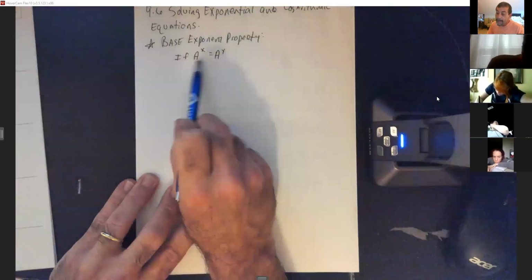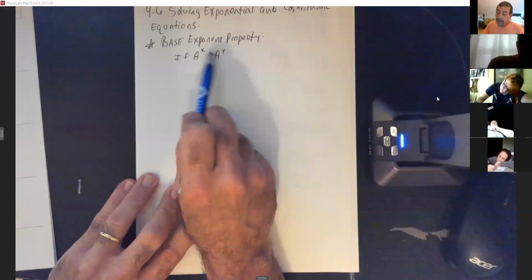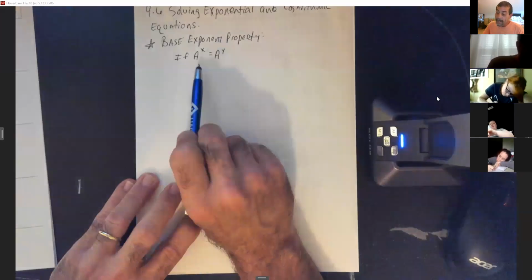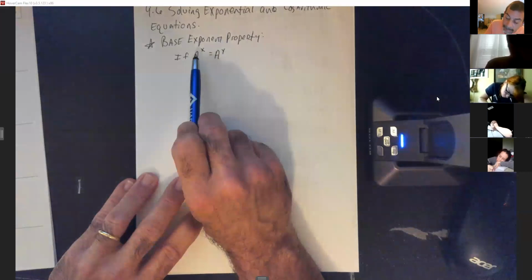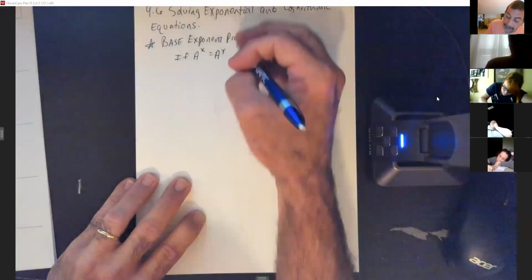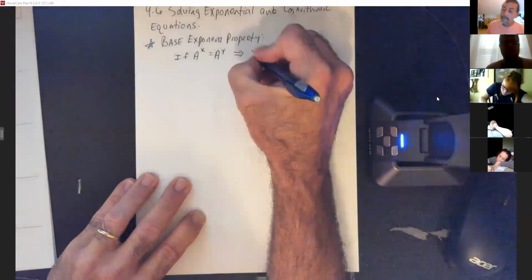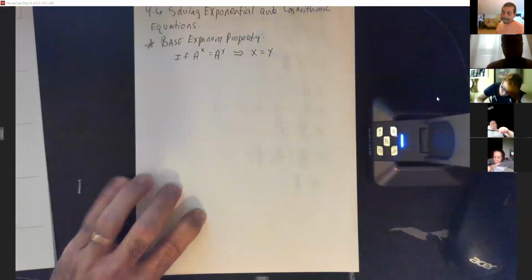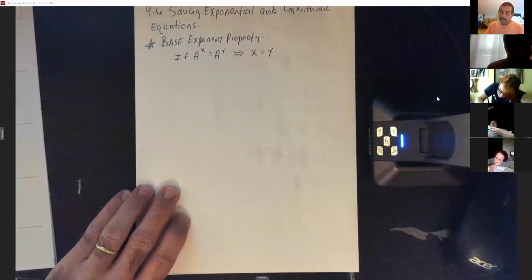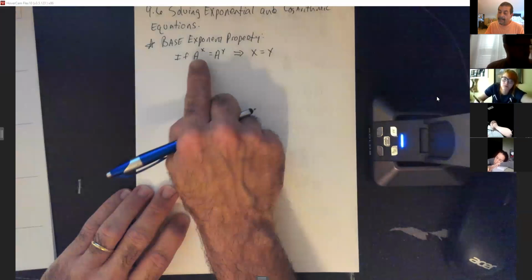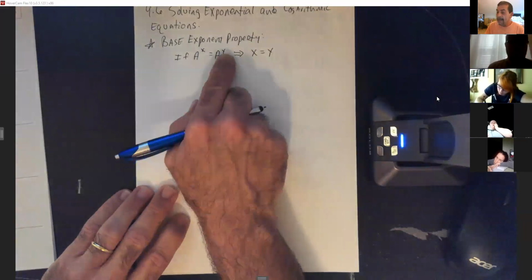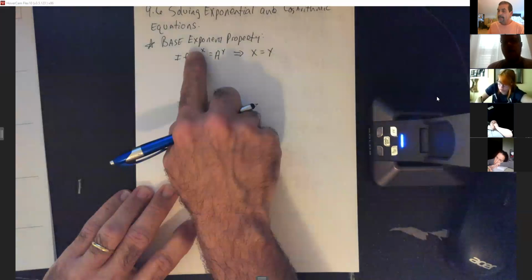The only thing different is the exponents. If two sides are equal and their bases are equal, then x has to equal y. So if this was 5 to the x equals 5 to the second, that means x would equal 2 because those exponents would be equal.